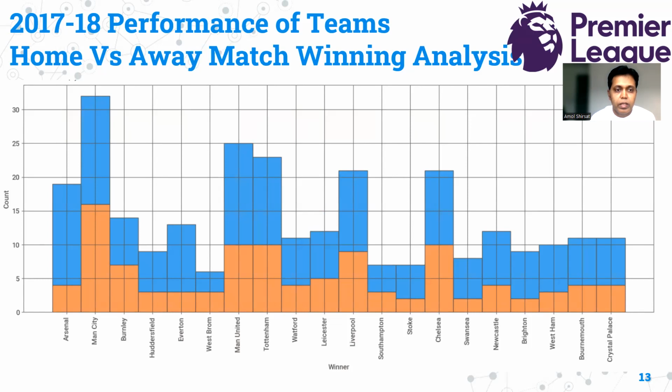Manchester City was the only team with very consistent results: they won 16 matches at home, while 16 matches they won at the opponent's ground. So Manchester City, with 32 wins, has a 50-50% ratio at both home and away. This plot gives us the analysis of how the team performed at their home ground versus their performance at the opponent's ground.